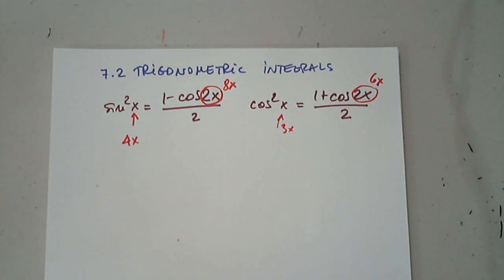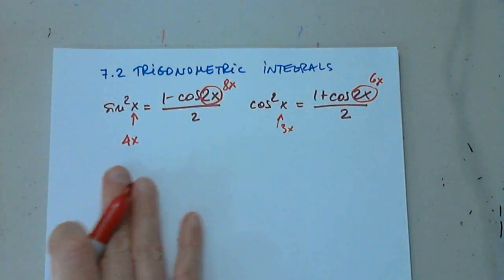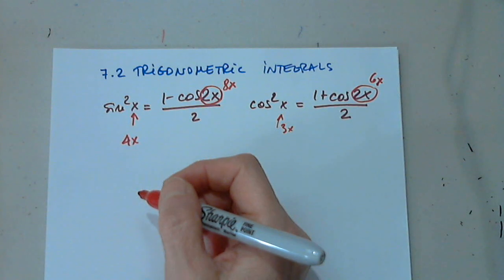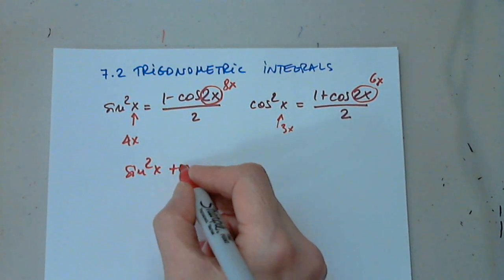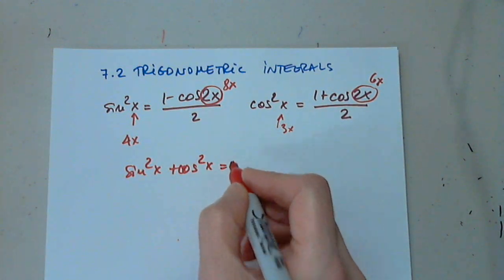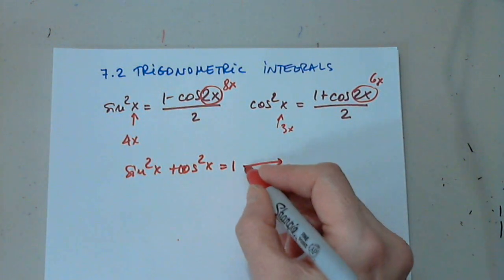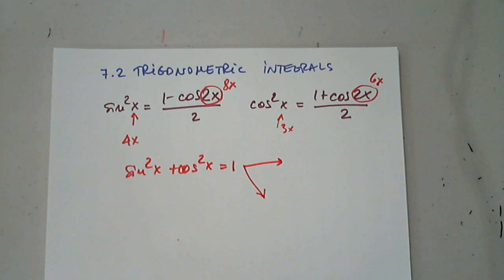The other trig identity that I would like us to review quickly is the most important one, the Pythagorean identity, which is sine squared x plus cosine squared x equals 1. From here, we have two other identities that are extremely important.